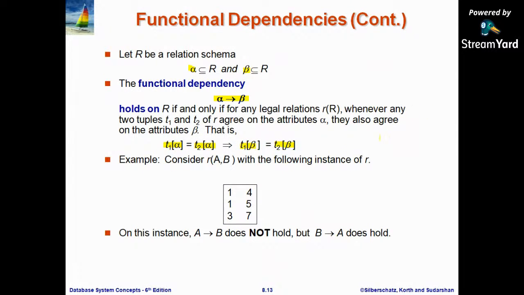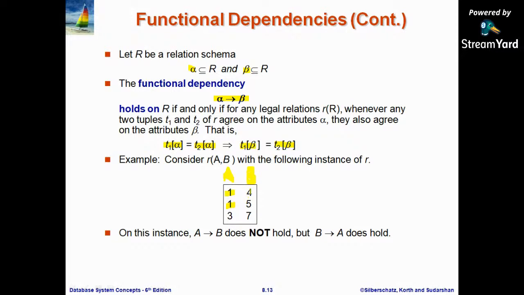Now you have to check, if these entries are given, whether A tends to B holds or not. This is A and this is B. A tends to B holds if, in two tuples, T1 alpha is equal to T2 alpha, then the beta values are equal.